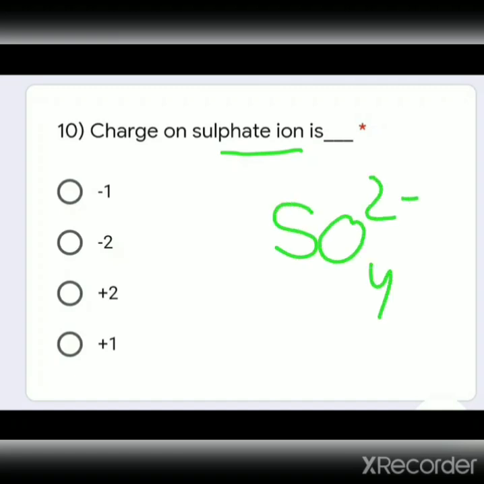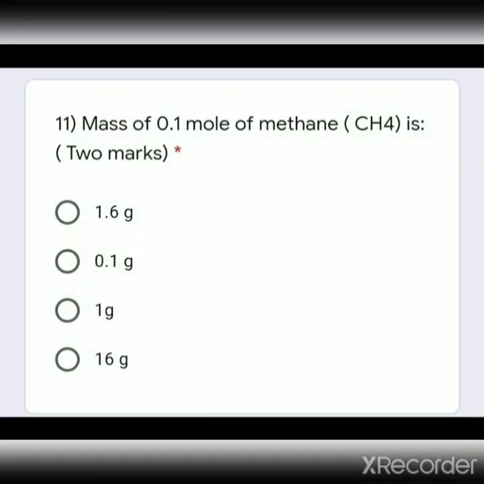That is a sulphate ion. So what is the charge on the sulphate ion? That is -2. So we can say that -2 is the correct option. So we got the answer here, that is -2. -2 is the correct option. Next question.